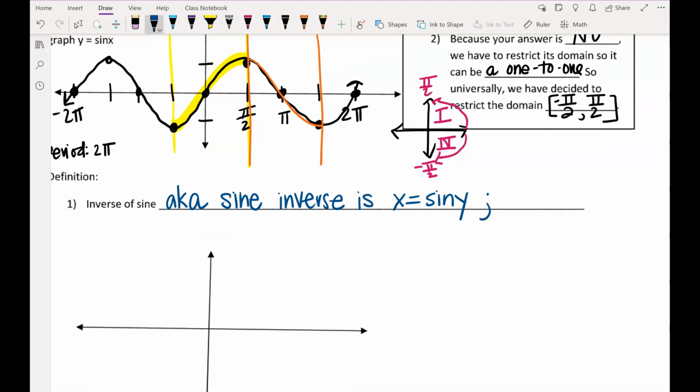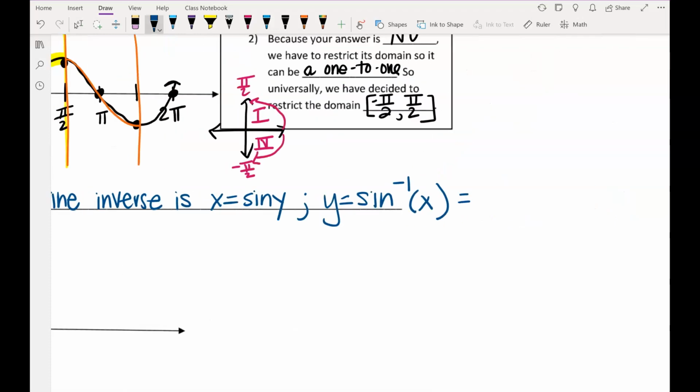And you guys already know basic trig. To solve for y, we compose with sine inverse, right, guys? So do you remember this sine inverse notation? So y equals sine inverse of x, but because we want to use this f inverse notation right here, it tells us right away that it's an inverse function. So that's what we're using for the inverse notation.